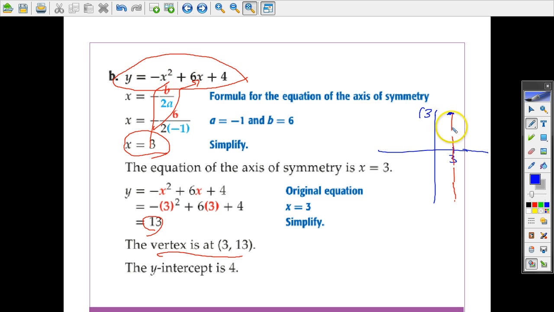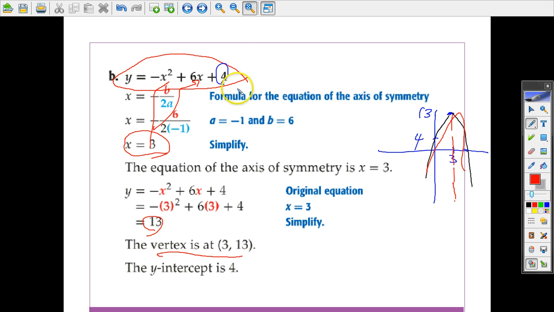You know it's a negative, so it's just going to have a maximum point. And your y-intercept is 4. So let's say that's 4. Your graph is going to look something like this. One quick tip here: when you have a negative, it's going to be an upside down curve.